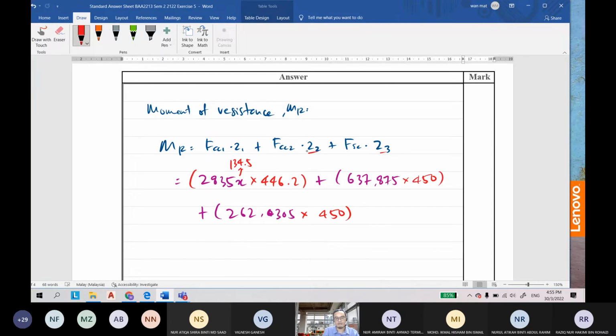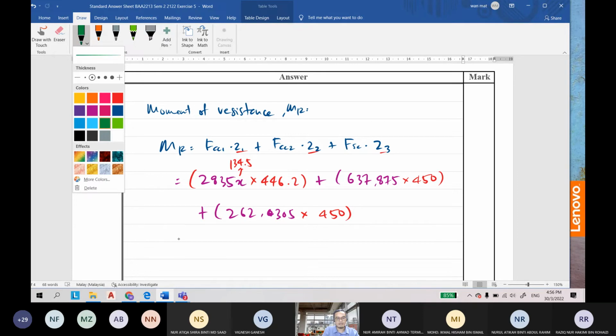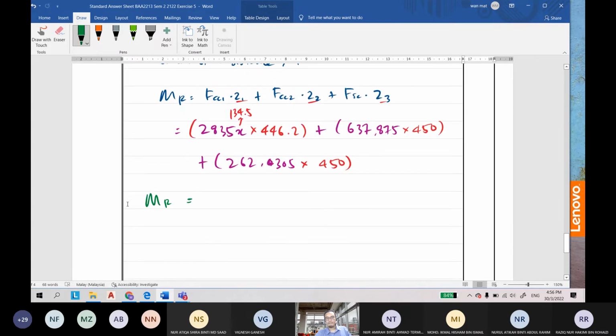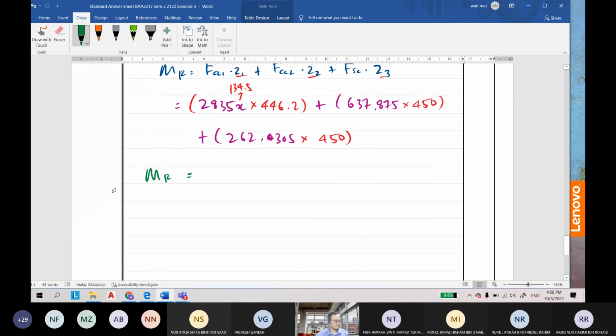So we must get to know the value of lever arm, and then please let me know the answer: the moment of resistance is equal to what? 575 kilonewton meter.